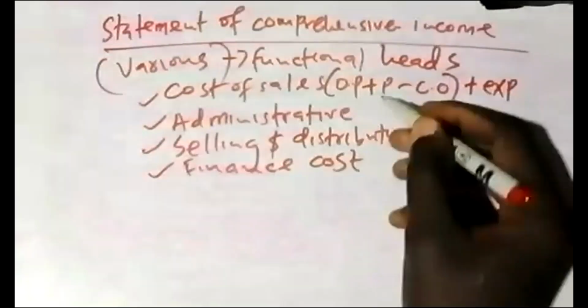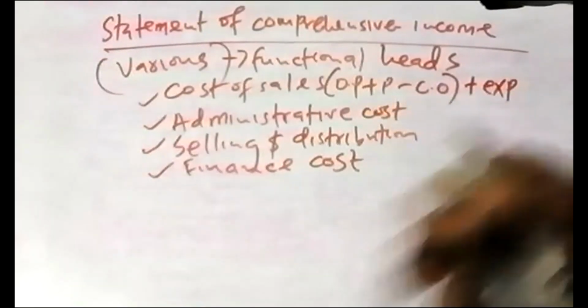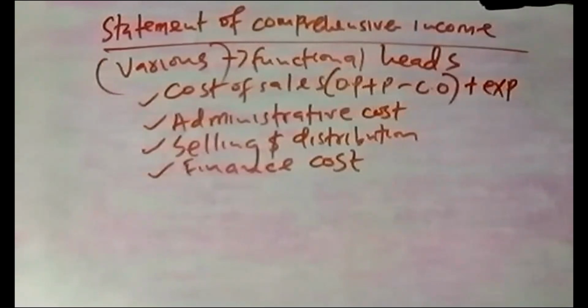Administrative cost or expense: these are some of the obviously related expenses. All of them will be classified under admin, so that you just show one figure under the statement of comprehensive income.